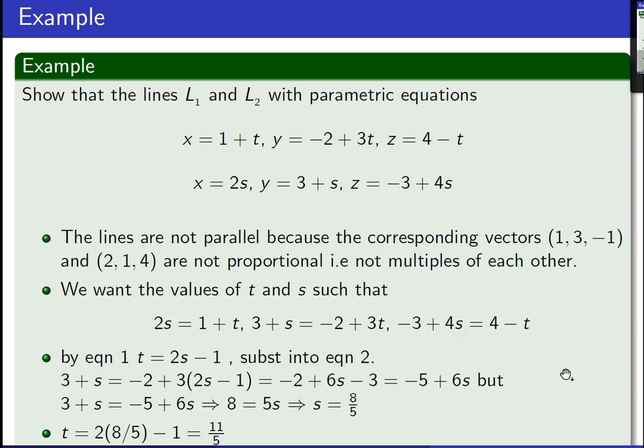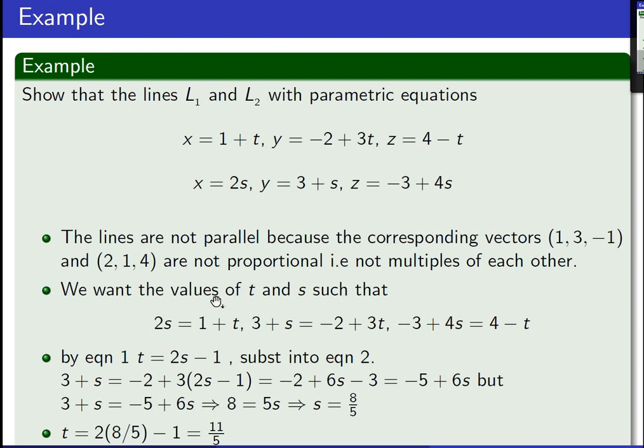So what we need to find is the unique value of t and s such that every component of these two lines is equal. So we need to solve for s and t.